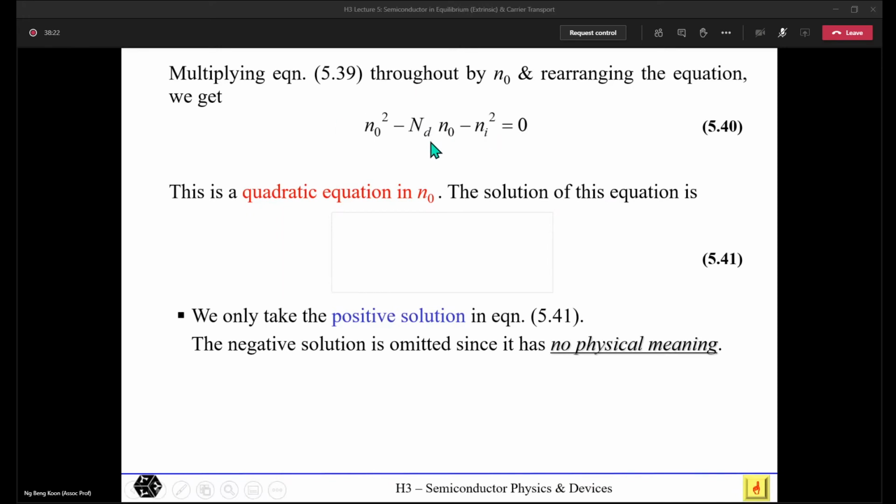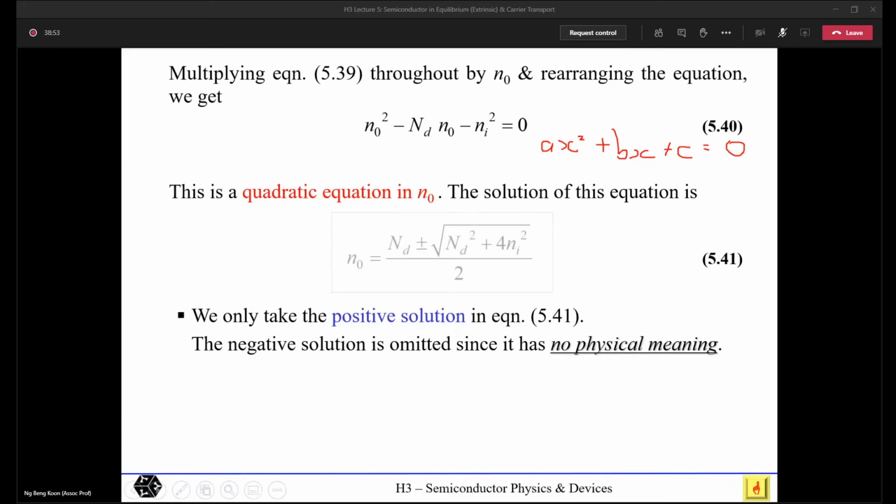So assuming that ND and Ni are known values, then this is simply a quadratic equation in the form of ax squared plus bx plus c, where c is the Ni squared, right? These are constants. It's a quadratic equation, and there's a formula we can use to solve it.